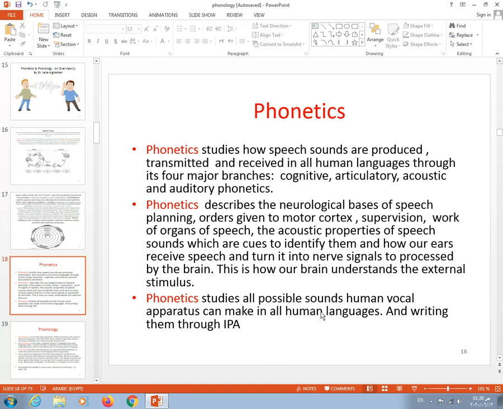They have developed something called the IPA chart, or International Phonetic Alphabet chart, which includes symbols to describe the sounds of all studied human languages.